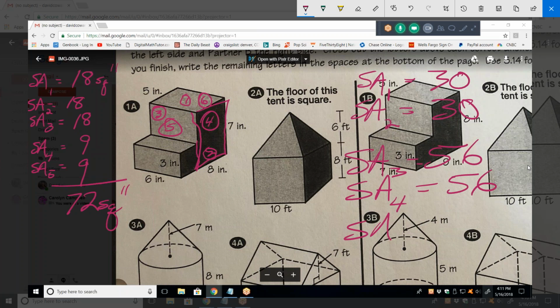And notice there's only one that's surface area 5. That doesn't have an opposite side that's the same dimensions. So what's the surface area of 5? 24. And finally, the surface area of 6, which is this back face that's invisible.